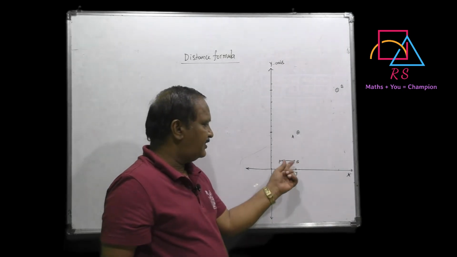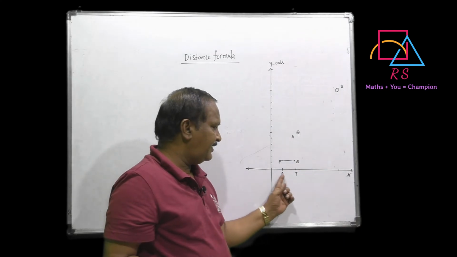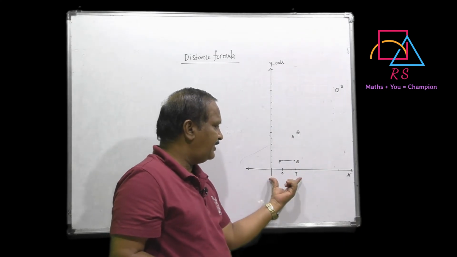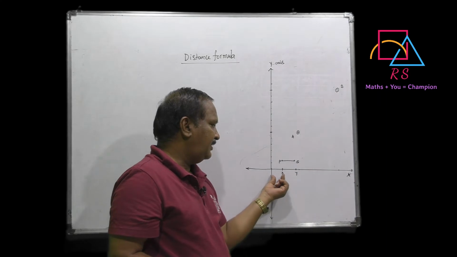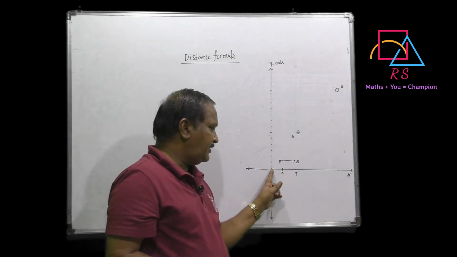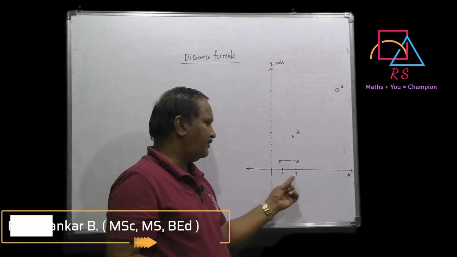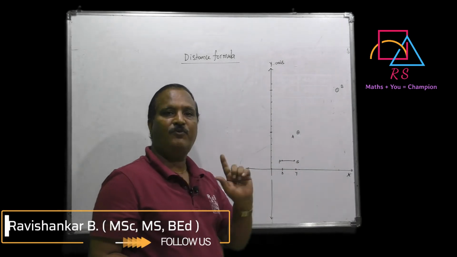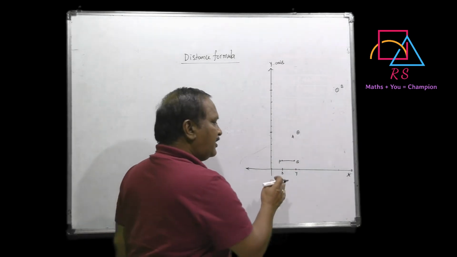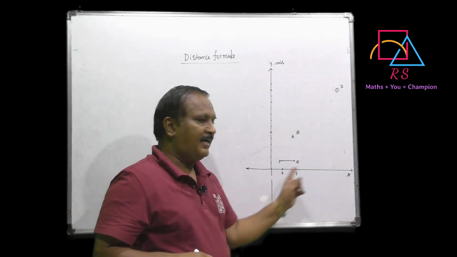So the length of PQ is 7 minus 3, because this is 3 and this is 7. This part is 3 because this is a number line. So 0 is here, this is 3 units and this is 7 units. So 7 minus 3, PQ is 4 units. So horizontal distances can be measured using the x-axis.